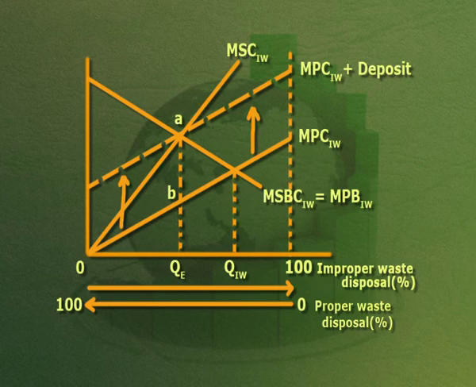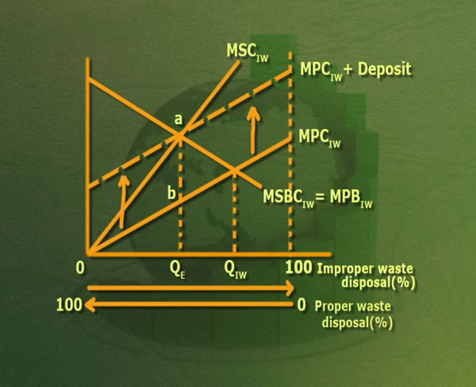The MPB IW is the demand for improper waste disposal. It is motivated by the avoidance of time and resources to collect waste, bring non-recyclables to a landfill and haul recyclables to a collection center. The MPB IW measured left to right is equivalent to the MPC PW measured right to left. MPC PW shows the marginal private cost of proper waste.